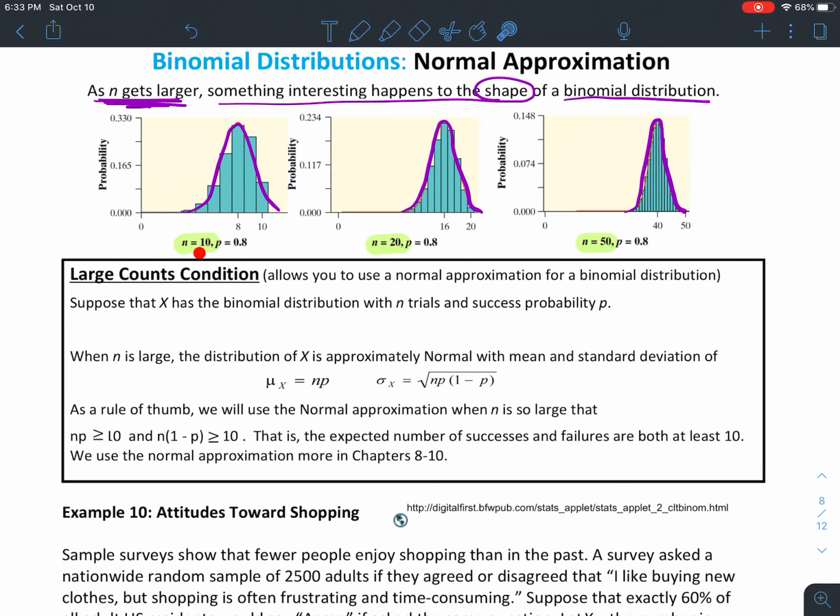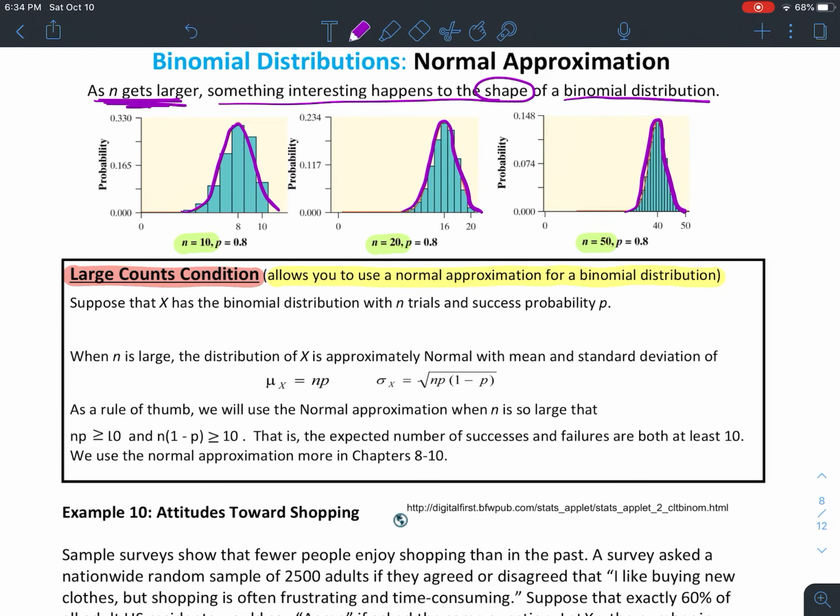However, if your sample size is large enough, then even for a binomial distribution, you could calculate the probability using normal CDF. So let's talk through how large your sample size would have to be in order for it to be considered a normal distribution. This large counts condition allows you to use the normal approximation or normal calculations for a binomial distribution.